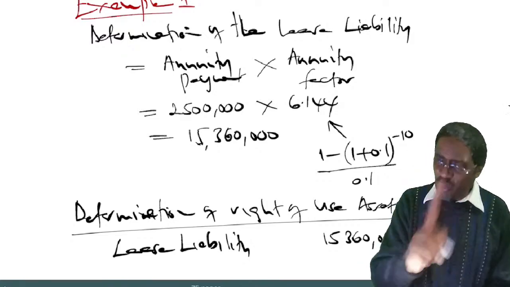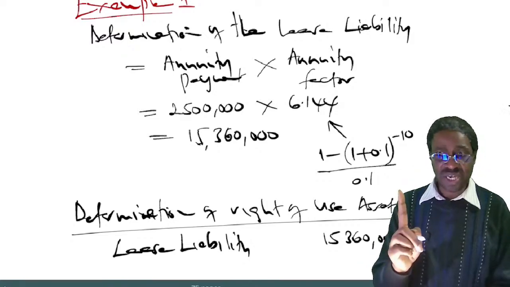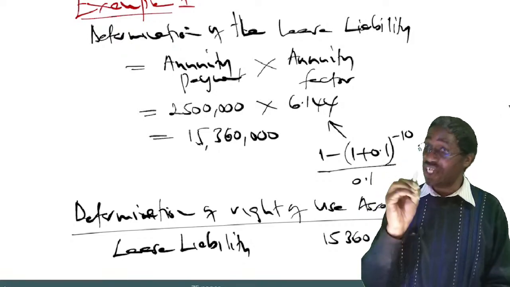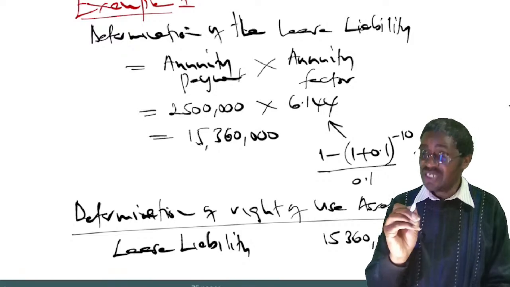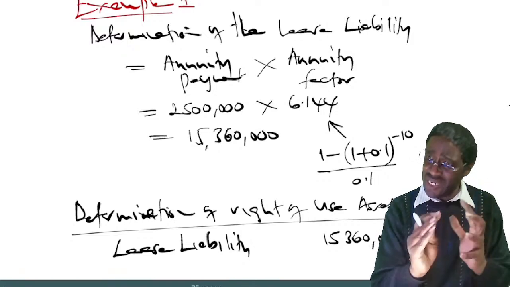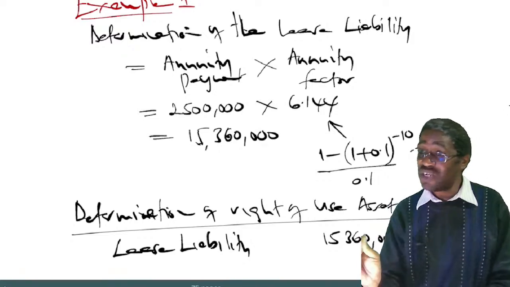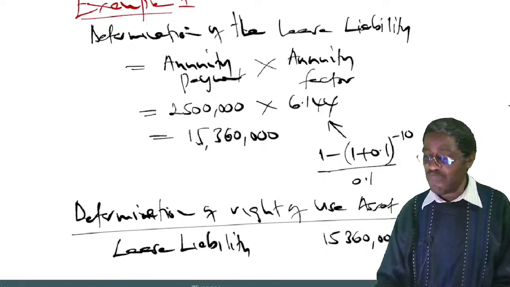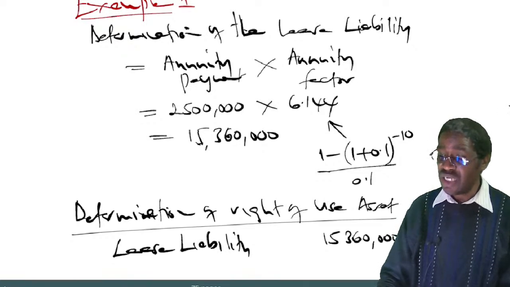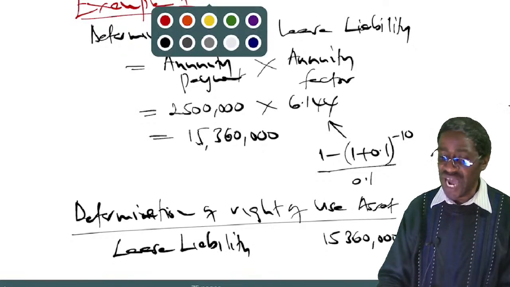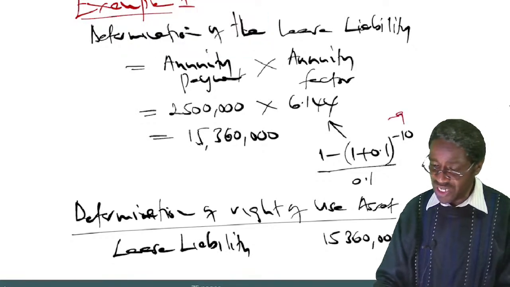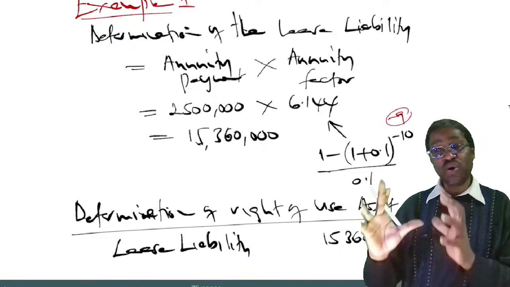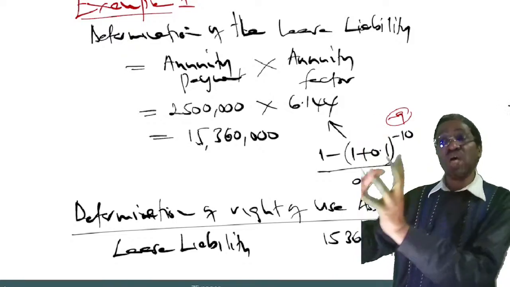If the question is one where you are paying your installments in advance, then to get the lease liability you get the present value of the future 9 installments. So your power of negative n would be negative 9. Everything would have been the same, it's only that you are paying 9 future installments.